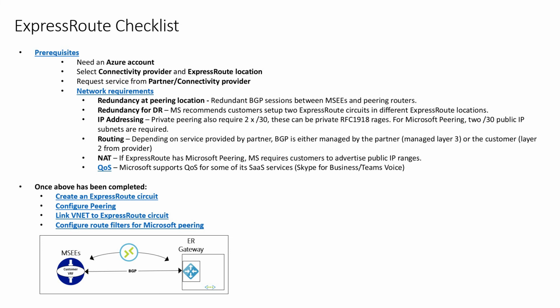Which is the key in ensuring redundant BGP sessions between your MSEE and your peering router. The next important item is DR consideration, which I will cover more in my use case scenario. I'll park this for now. The remaining checklist items are very simple. You may pause the video and take a note of the checklist.